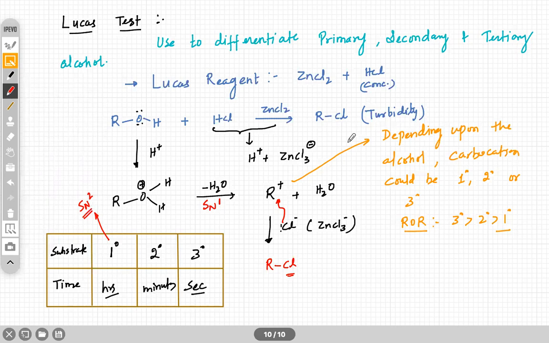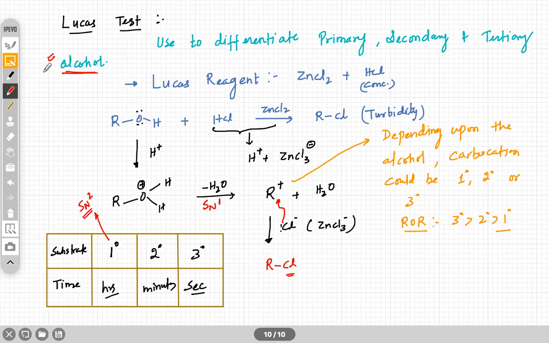In general, this is the reaction we have. This is the Lucas test. Sometimes they have asked the question that the Lucas test is used for which compound. It is used to differentiate alcohols, primary, secondary, and tertiary alcohol. This is very important.